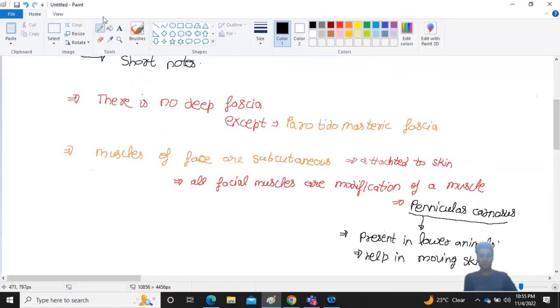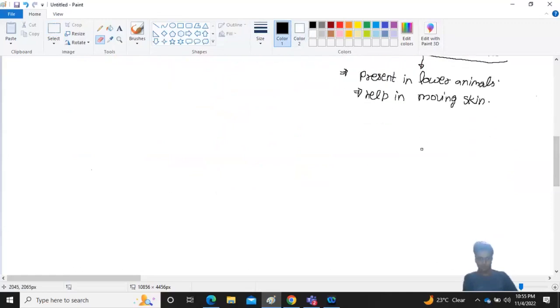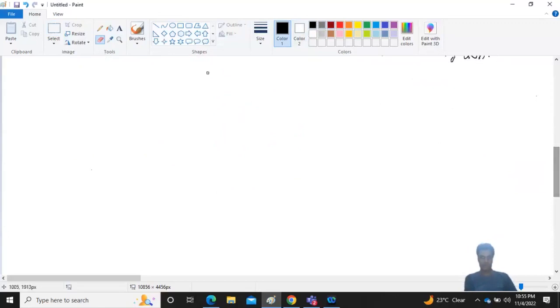Now we are starting the facial muscles. So first we draw a diagram of face.